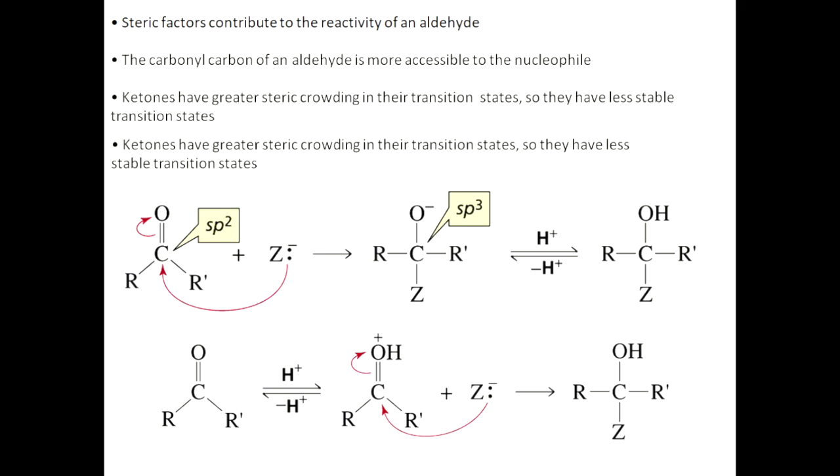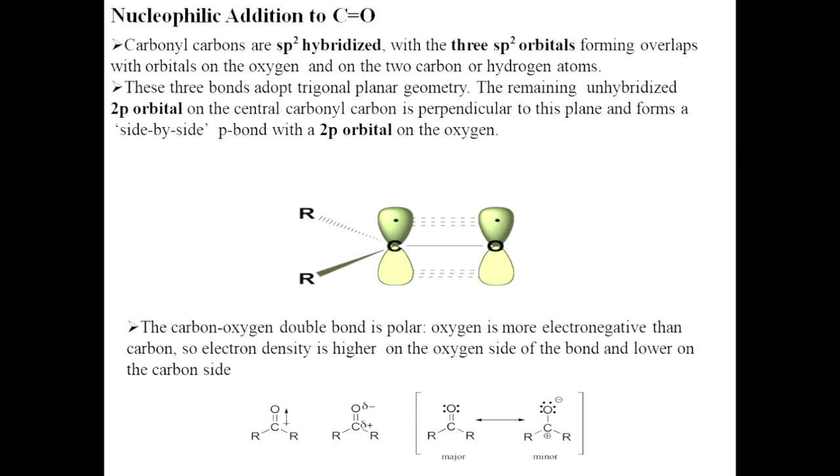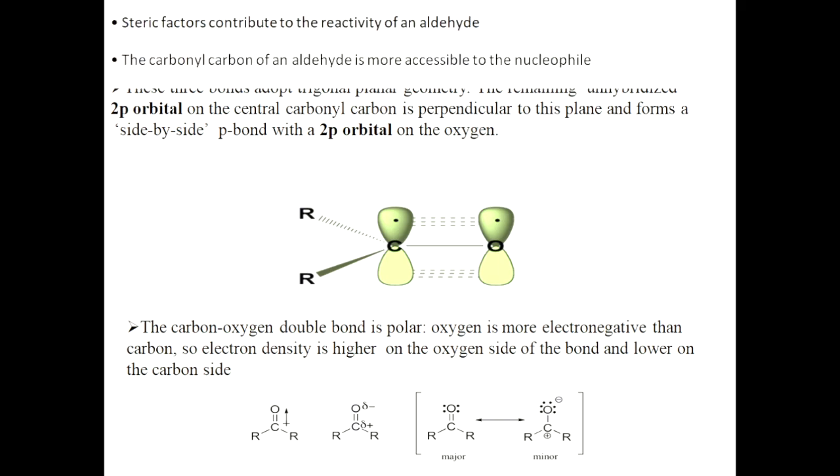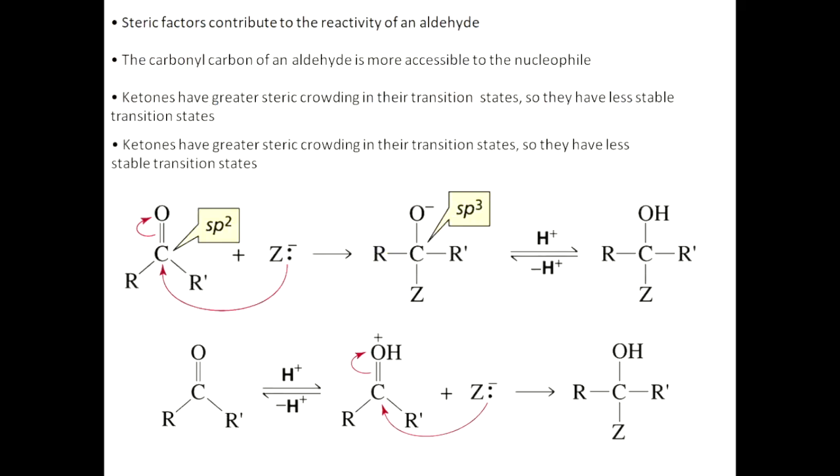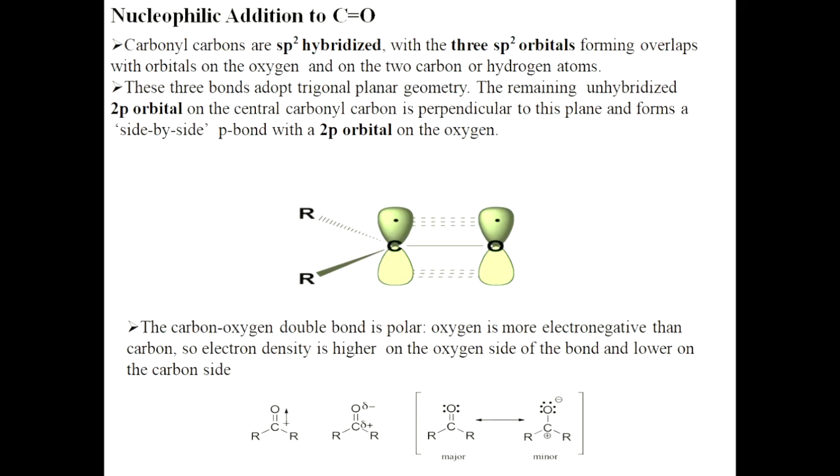Ketones can also undergo protonation under acidic conditions to form an oxonium ion, and this oxonium ion is attacked by a nucleophile, and we get the alcohol. So both routes are possible: base-catalyzed or acid-catalyzed nucleophilic addition reaction on the carbonyl compound. In the next class we will see the detailed study of the nucleophilic addition reaction.